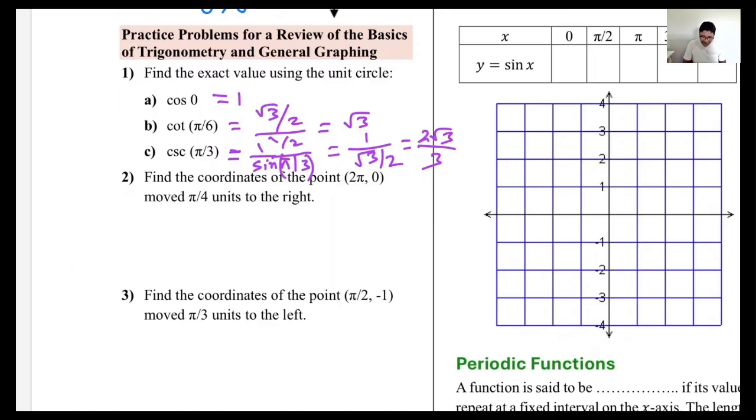Next, that was evaluating trigonometric functions using the unit circle and the definitions that we just wrote.